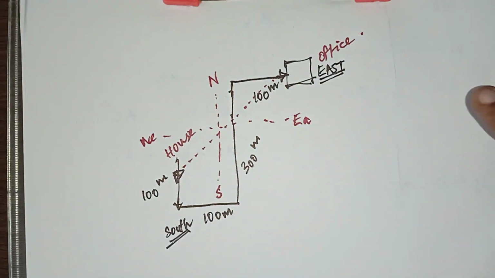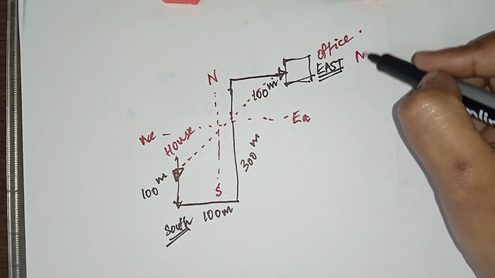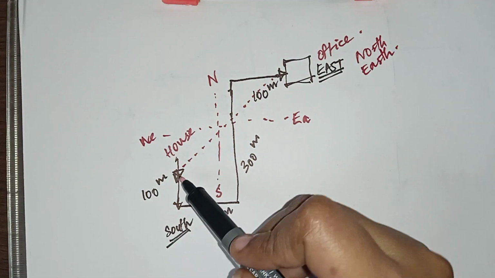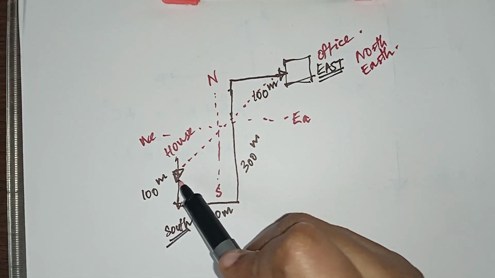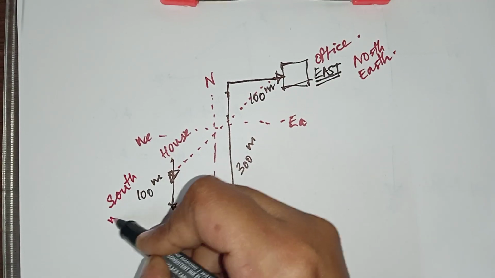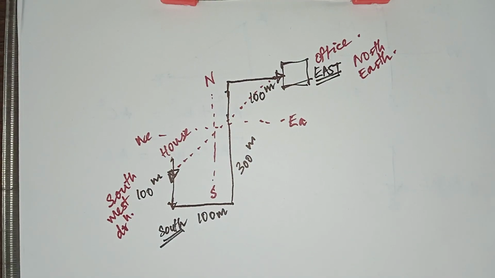So if you see it as a map, the office is in your northeast direction, and the house is situated in your southwest direction.